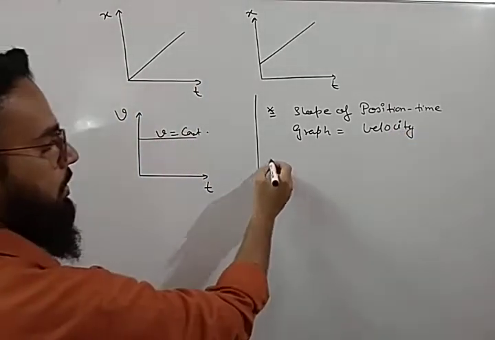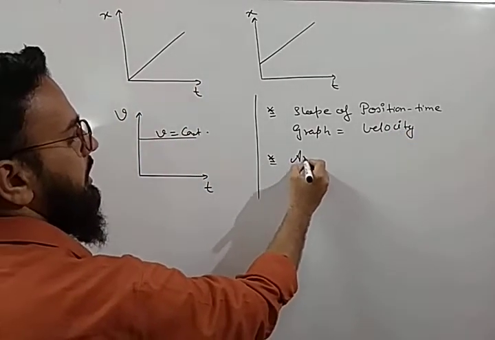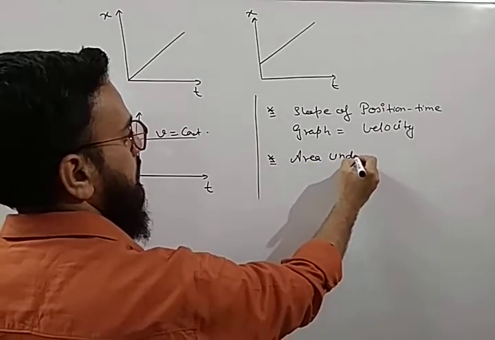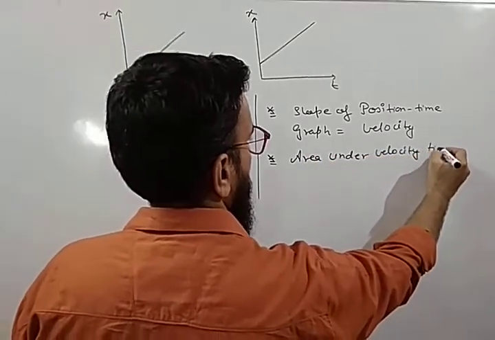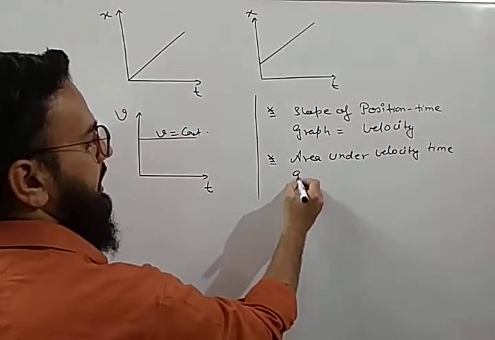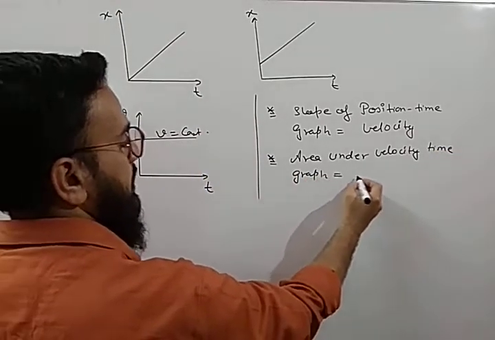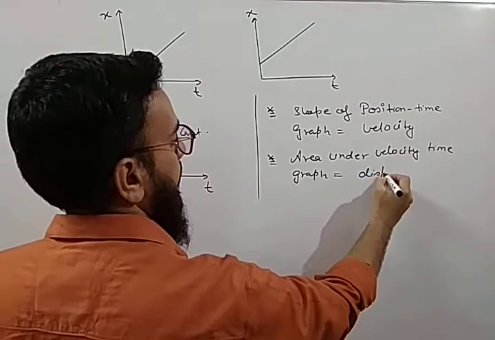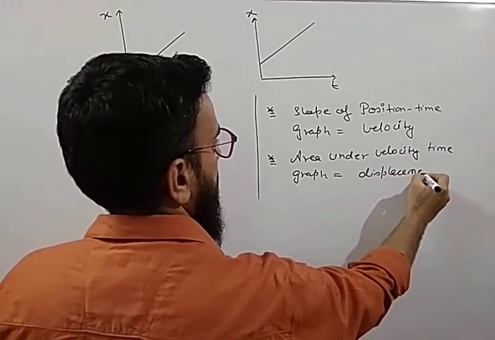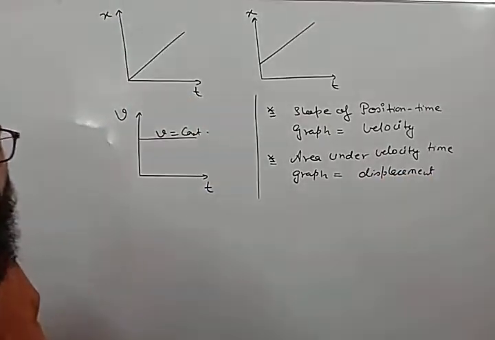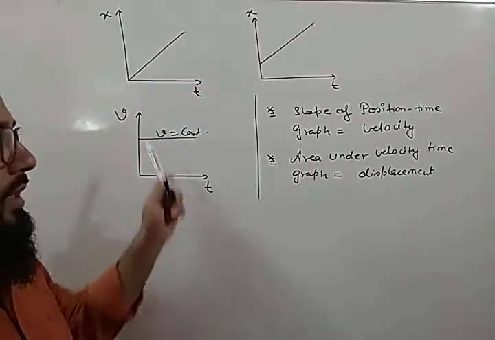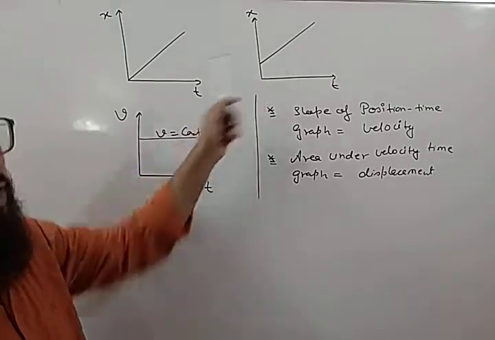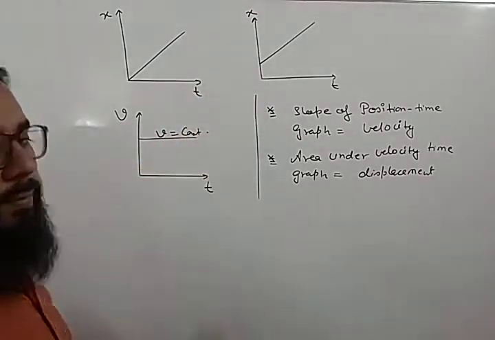And one more thing I told you, that was the area under the velocity-time graph, it gives us displacement. So these two things I have told you in my previous video, and we have discussed these three graphs, how these graphs were drawn, in detail.